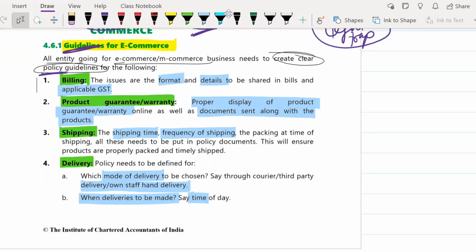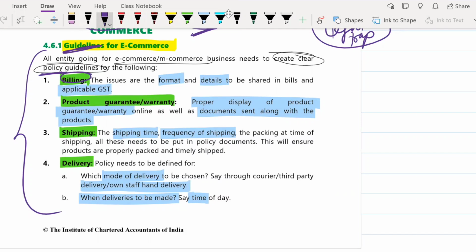Here they have given a few aspects you have to keep in mind, and on these you must come out with proper policies. First is billing.